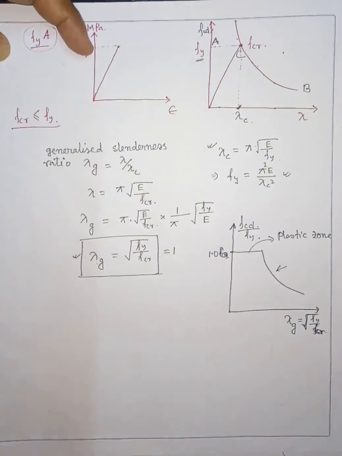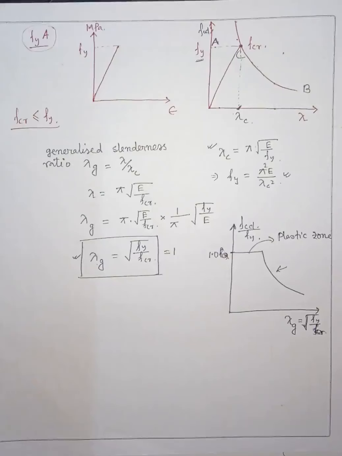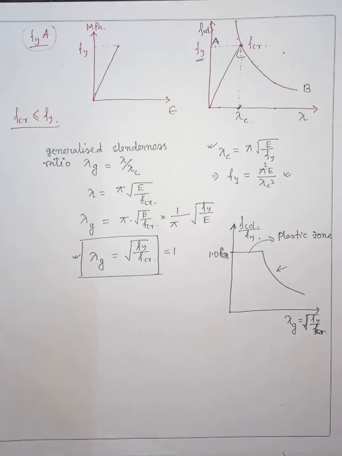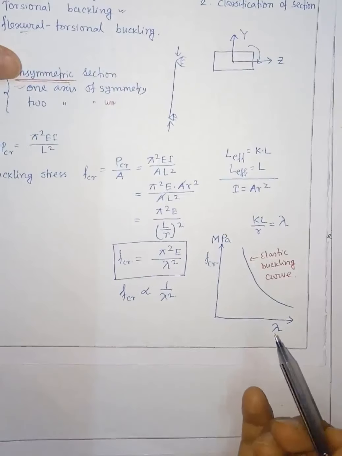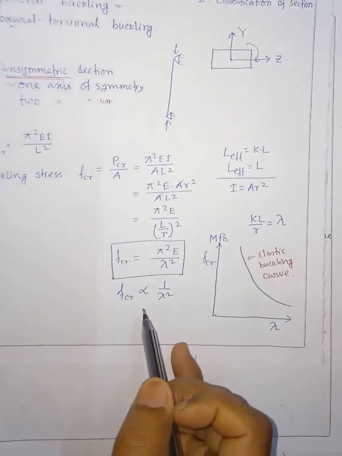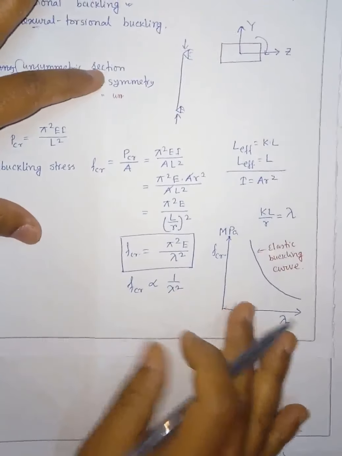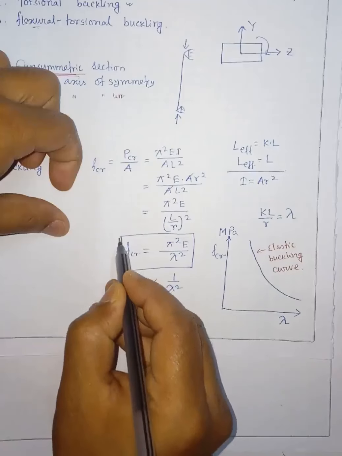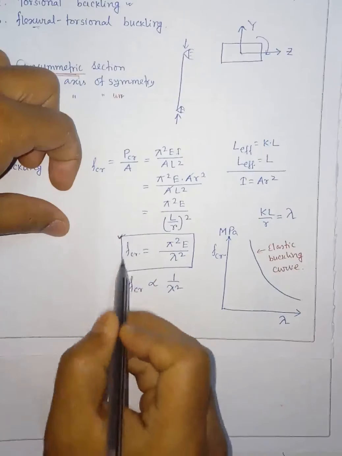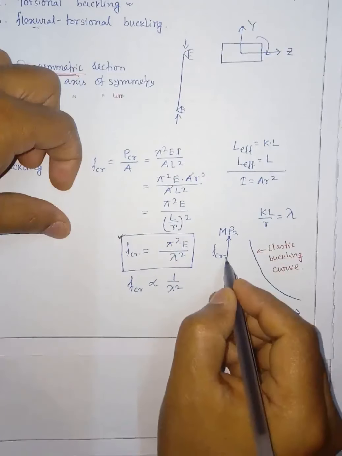Let me summarize this total graphical thing. In the previous page, I thought you had understood this, but let us briefly explain it once again. This FCR is basically the crippling load.